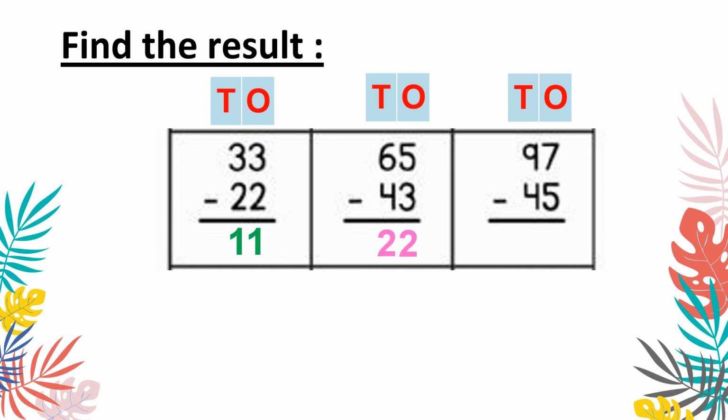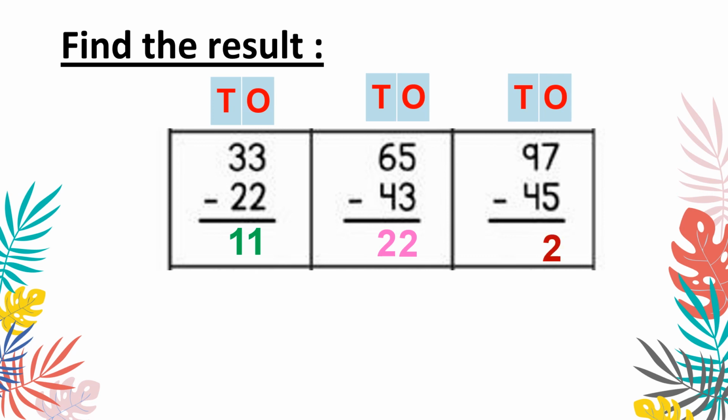Okay, the last one here we have 97 minus 45. Start with ones. 7 minus 5. What should I do? Circle the smallest number, 5. Let's count after 5 to stop at 7. After 5, 6, 7. How many fingers? 2.